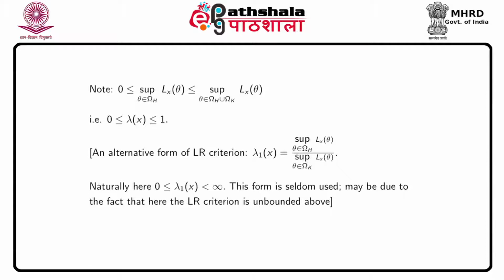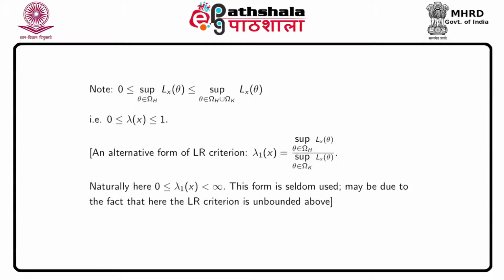An alternative form of the likelihood ratio criterion is lambda_1(x) equal to the supremum of L(theta), theta belongs to omega_H, divided by the supremum of L(theta), theta belongs to omega_K, and naturally here lambda_1(x) will be greater than or equal to 0 but less than infinity.